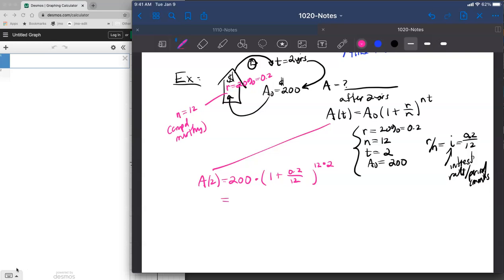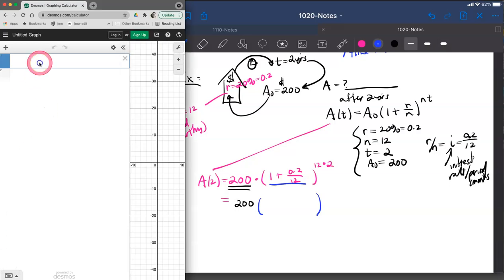That can be done in Desmos. I want you to see here that there are a couple of different computations. We have 200, that's easy to do. Then we have this blue computation we need to come up with.